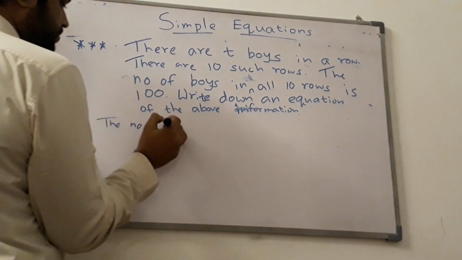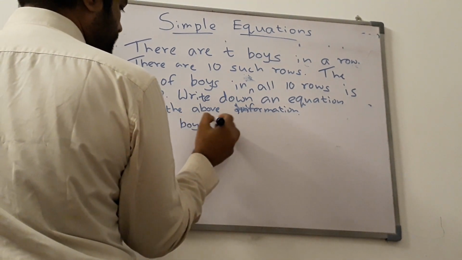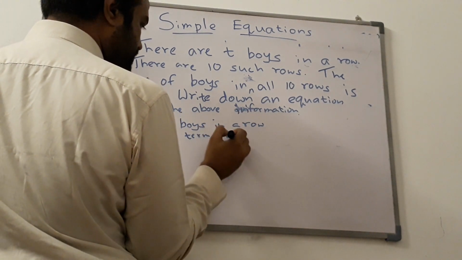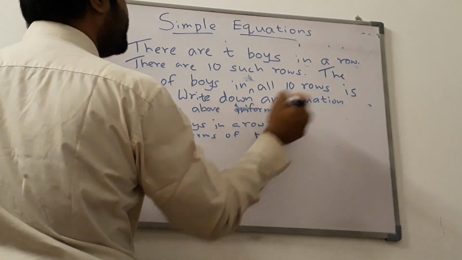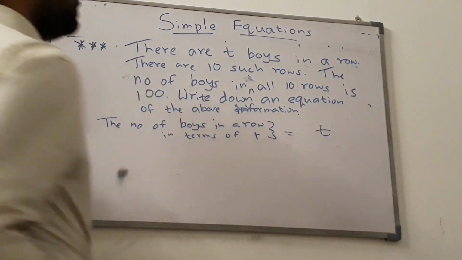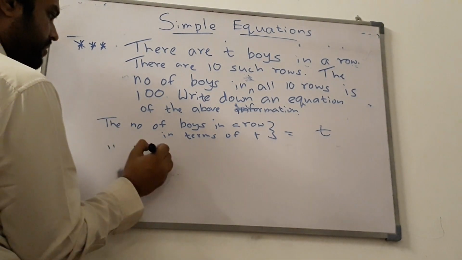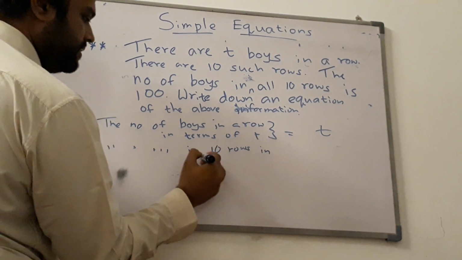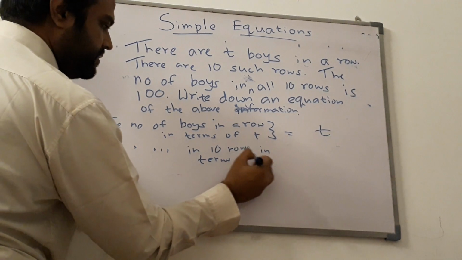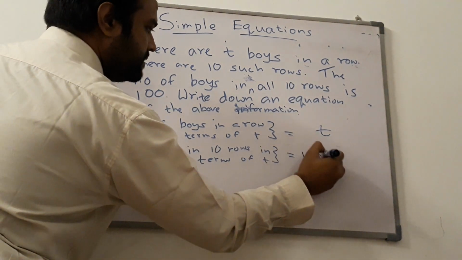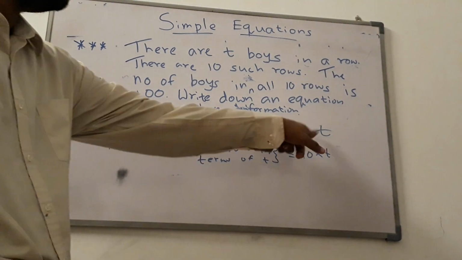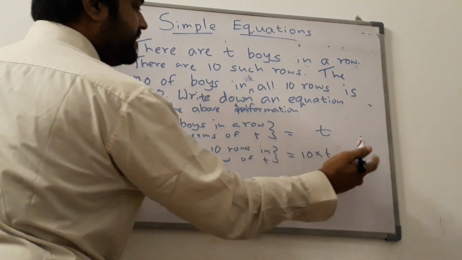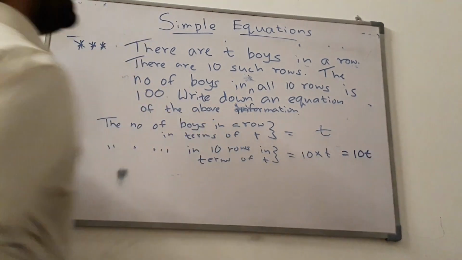The number of boys in a row in terms of t is t. The number of boys in 10 rows in terms of t means 10 times t. In a row it is t, so in 10 such rows it is 10 times t, which is equal to 10t.